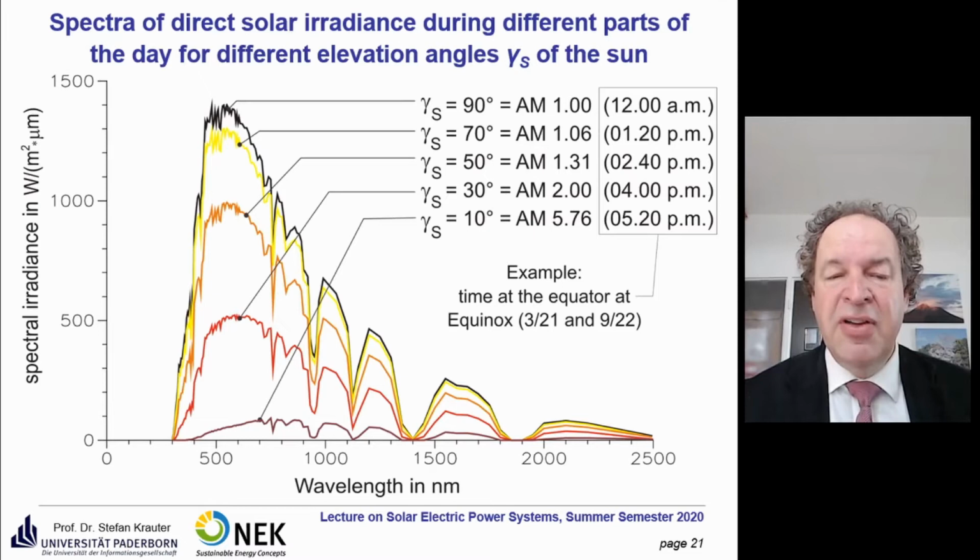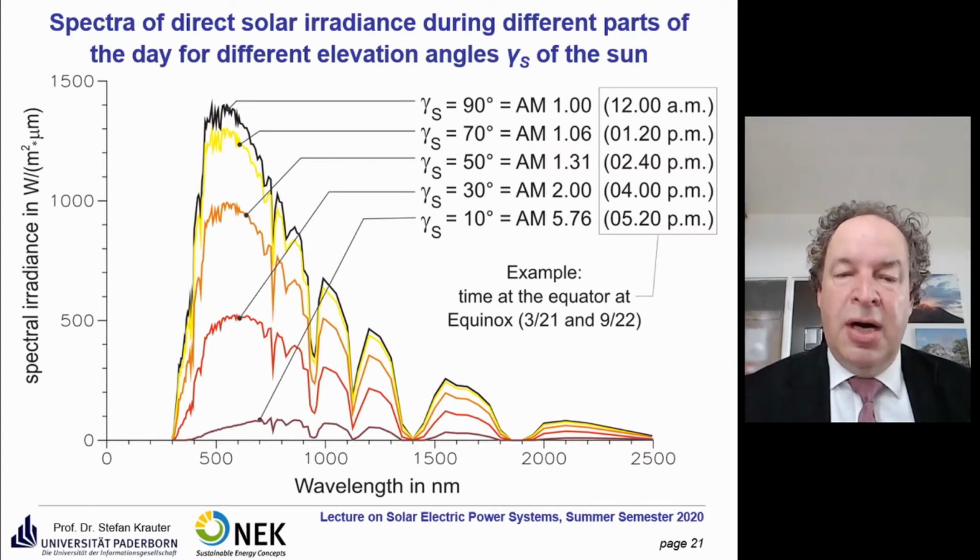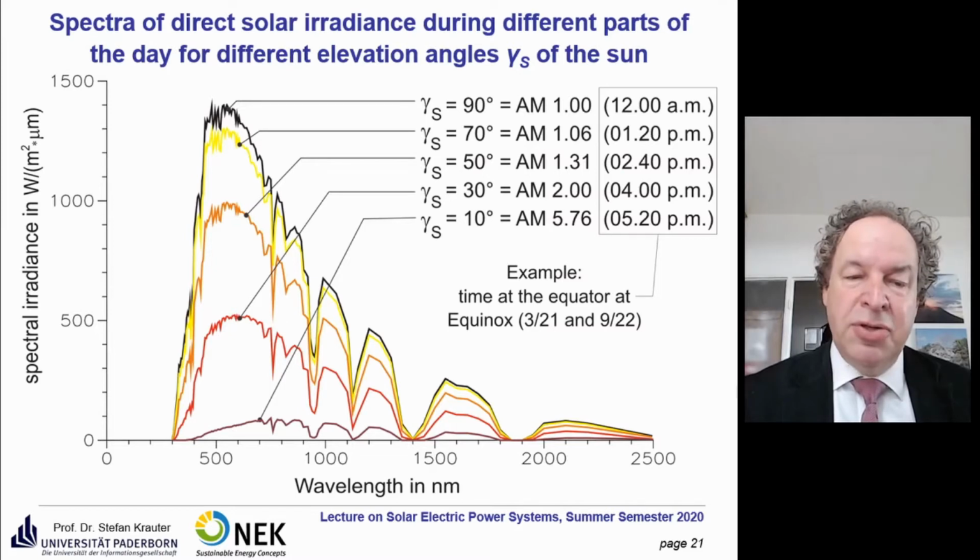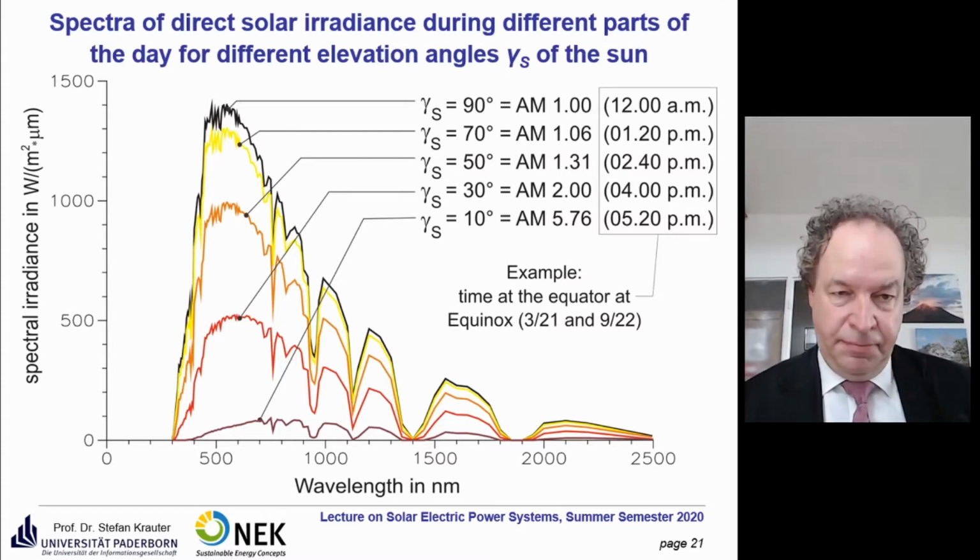So relatively, we have more red part than blue part, and that's also indicated by the color of the curve. So the sun appears more reddish, and if we go down to 10 degrees at about 5:20 p.m., everybody knows that sunset, the sun is totally red, and we don't have any more blue part. We basically have a red and infrared part of the sun irradiance at a very low irradiance level.